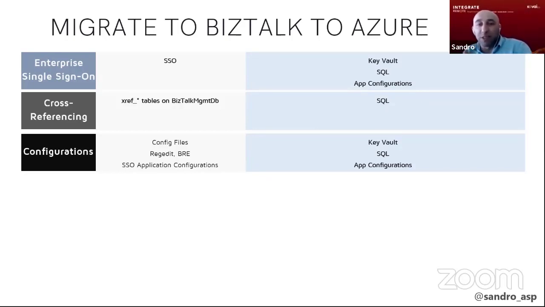We are not going to use SQL because we put everything on app configurations. So clients may have some standards and norms, and you need to fit your design according to the requirements and the guidelines of the client also.